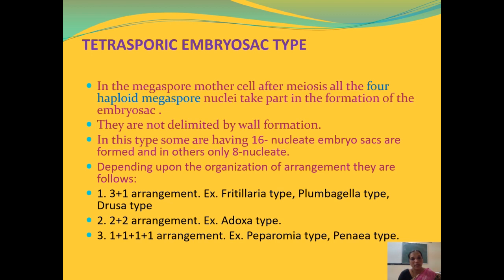Depending upon the organization, the following arrangements are there. One is the 3 plus 1 arrangement. It is identified in Fritillaria, Plumbagella and Drusa types of plants. Second type is the 2 plus 2 arrangement, example in Adoxa plant.